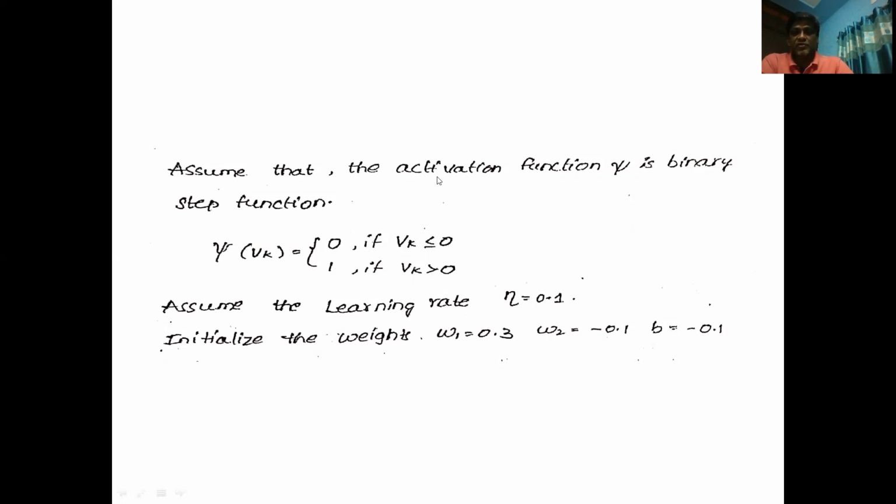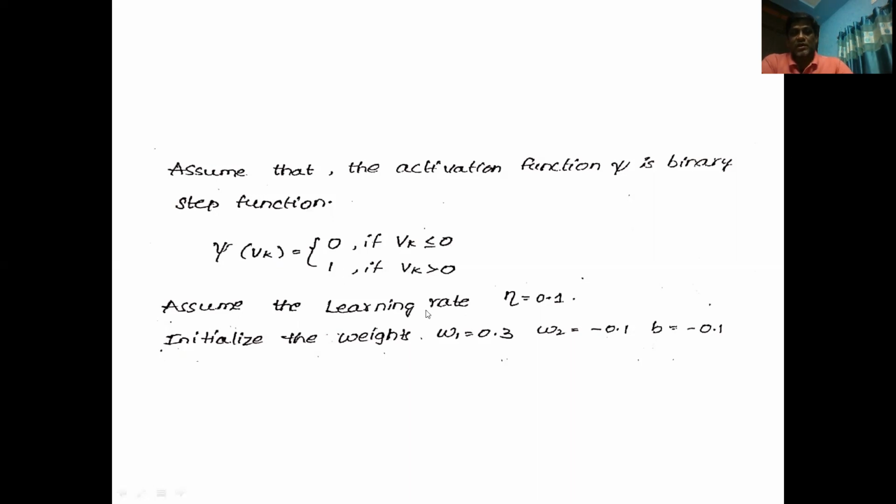We need to decide which activation function will be used for the design of the neural network. So we assume that the activation function is a binary step function, which will be defined as some function of vk, where vk is the input given, equal to 0 if vk is less than or equal to 0, otherwise it will be 1.